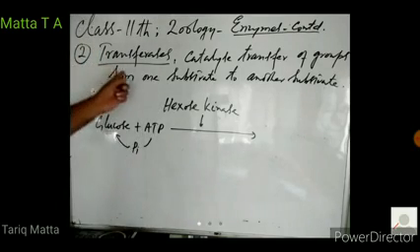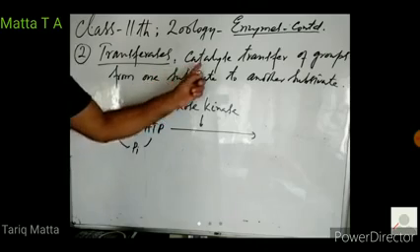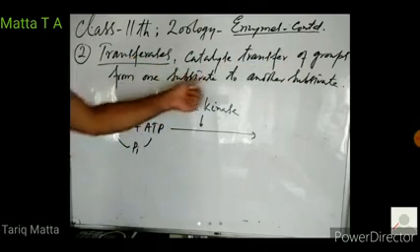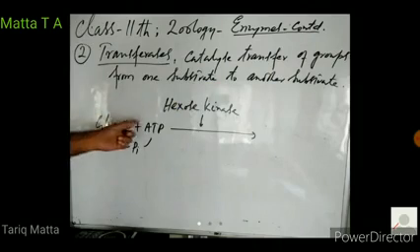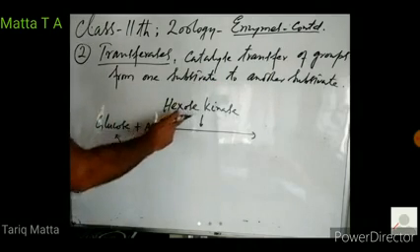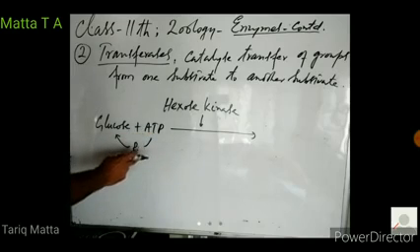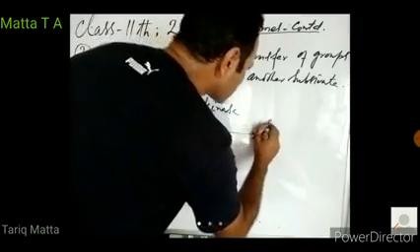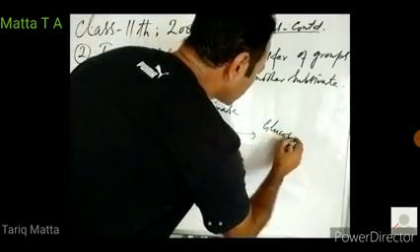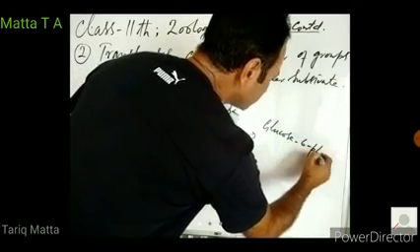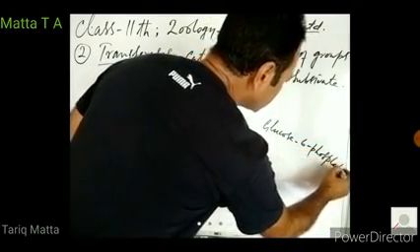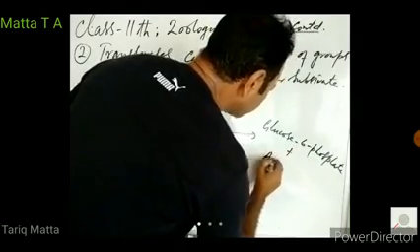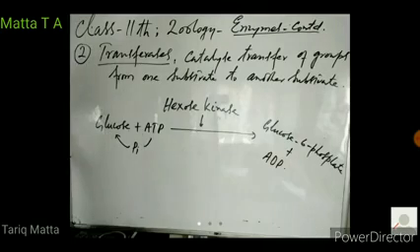In this example, hexokinase transfers inorganic phosphate from ATP to glucose to form glucose 6 phosphate plus ADP. So our second class of enzymes are known as transferases.